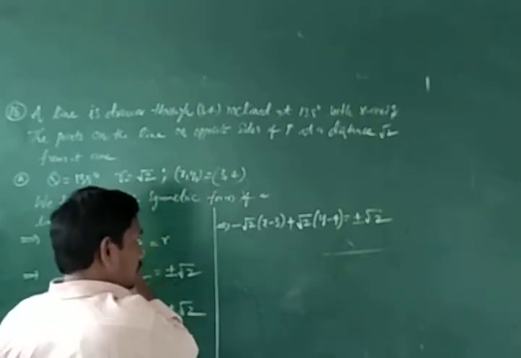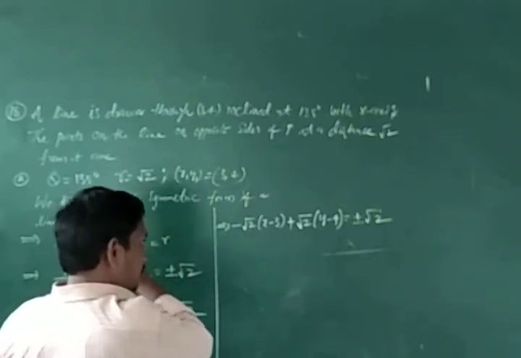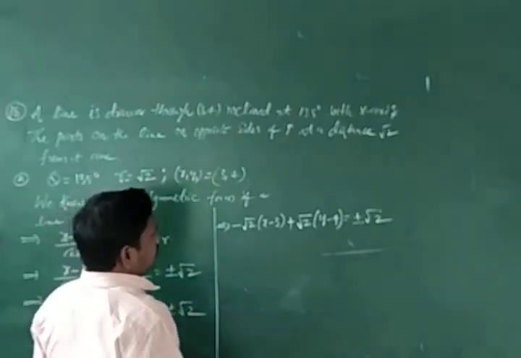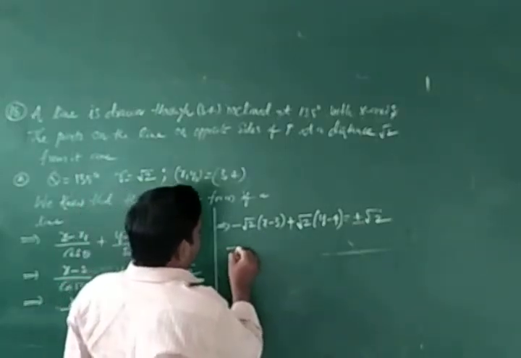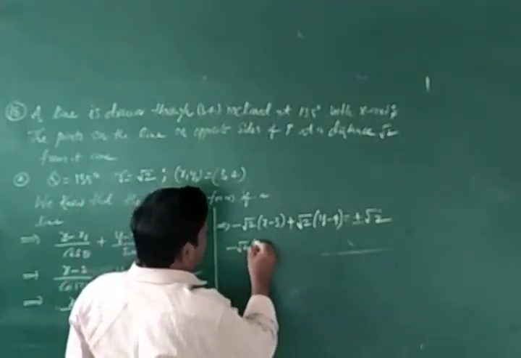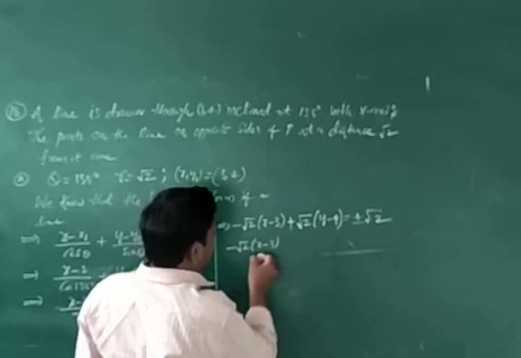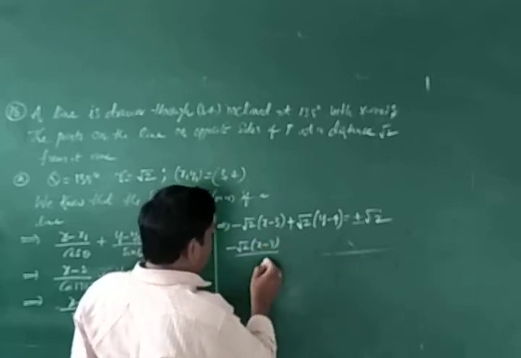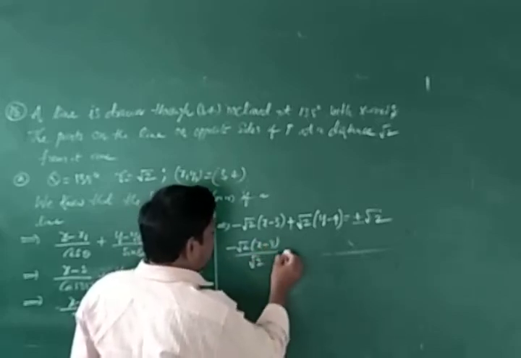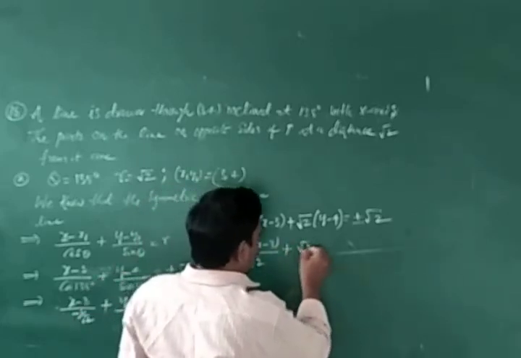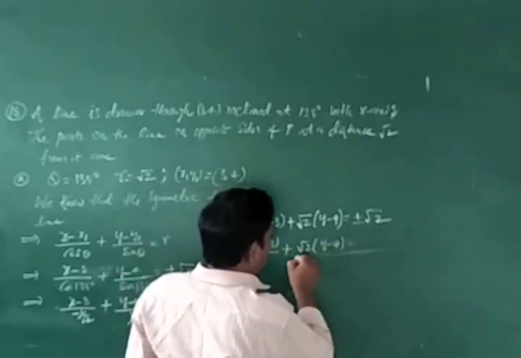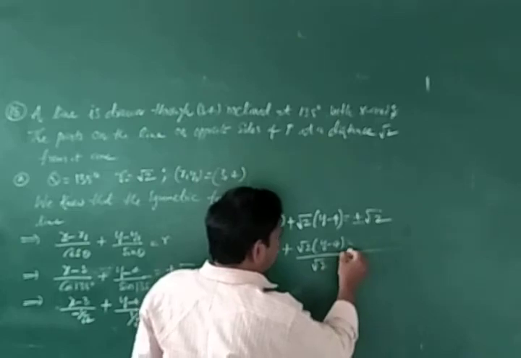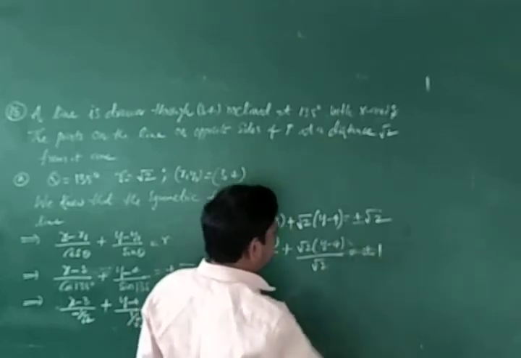Okay, now minus root 2 (x minus 3) by root 2 plus root 2 into (y minus 4) by root 2 equal to plus or minus 1.